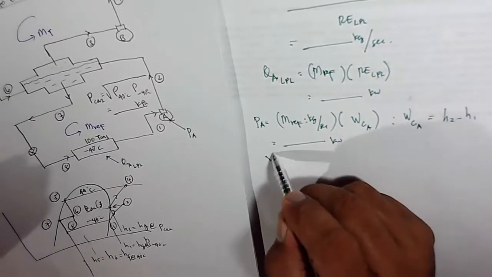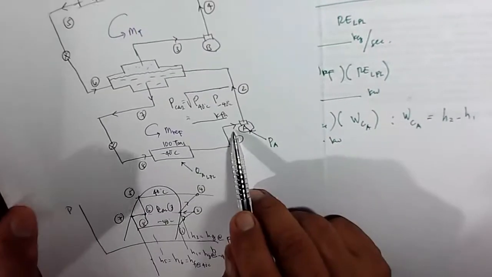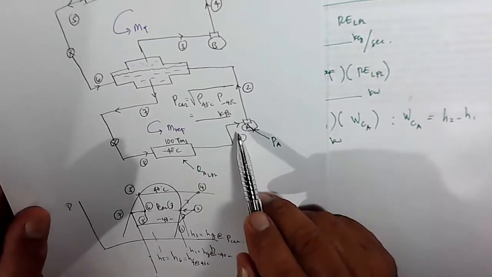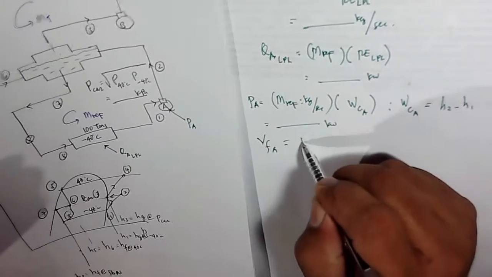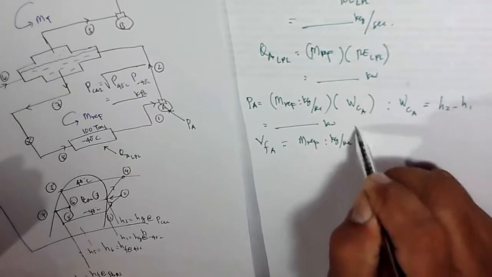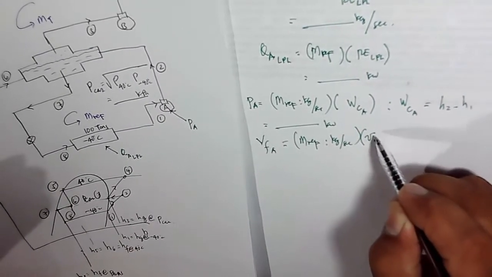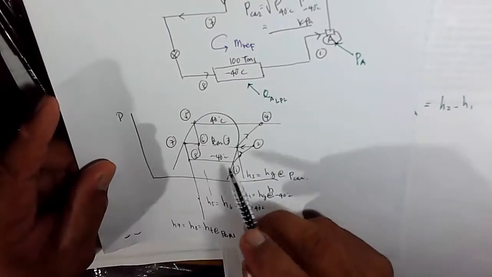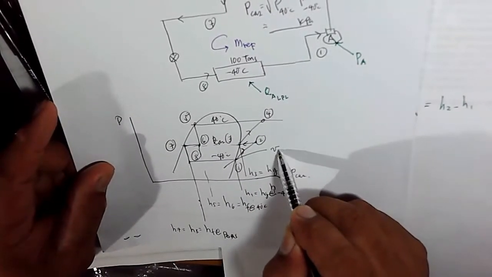Your volume flow rate, VFA, the one that is passing to your point 1, the suction point, is just equal to m_ref in kilogram per second, multiplied by specific volume 1. Specific volume 1 is the line passing to point 1, this one, we have there v1.